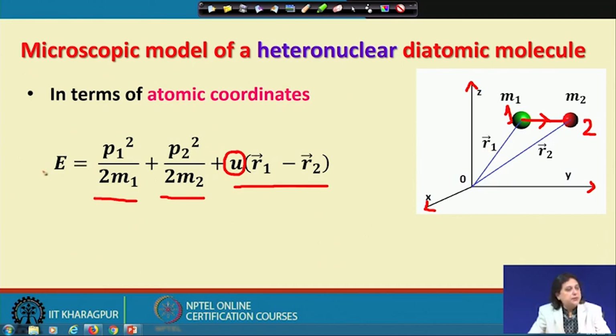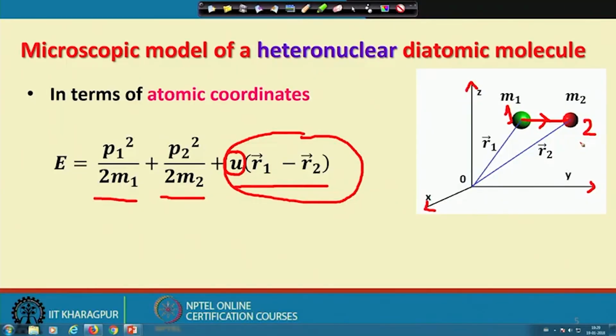And in this problem, I have the motion of these two atoms coupled to each other through this potential energy term. Therefore, in the present form, it is impossible to separate out the motion of one atom from the other. That is simply because they are bonded to each other and their interaction is represented in terms of that U term that I have shown you in the total energy.